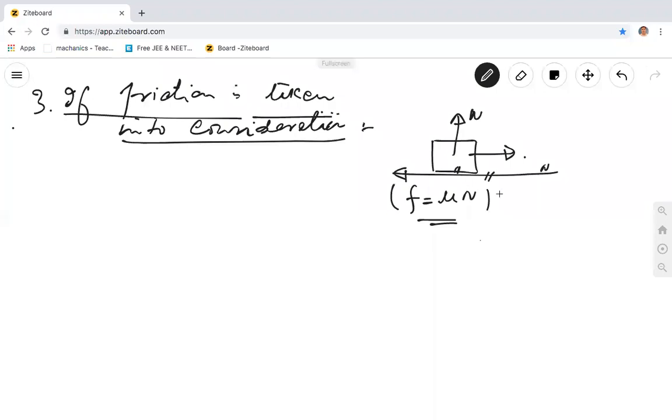The maximum friction force is mu, the coefficient of friction between the two surfaces, times normal reaction. If normal reaction is more, the frictional force is more. So when you are negotiating a curve, frictional force also helps you to keep your balance. As you must know, if the road is slippery and the road has a curvature also, then the chances of accident are much higher.